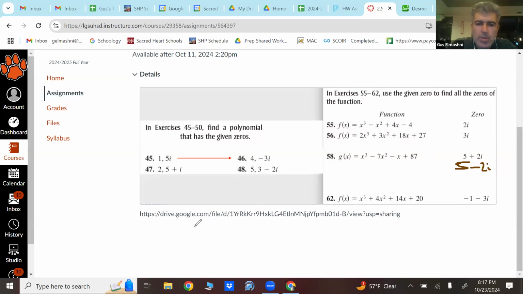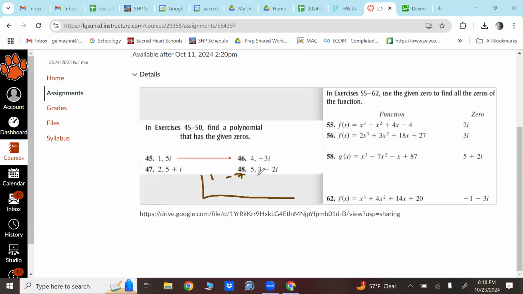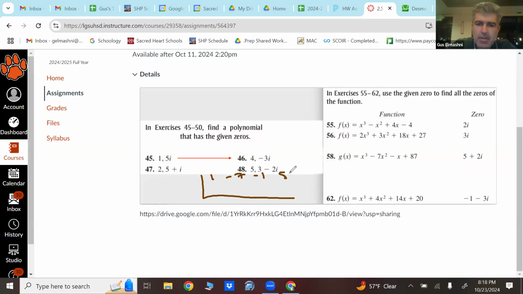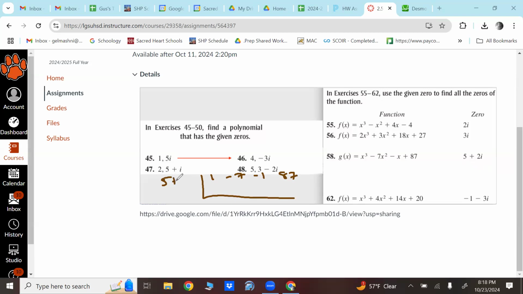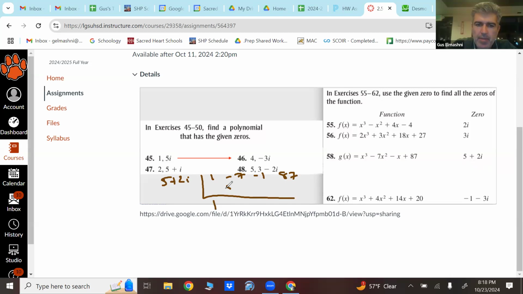I think the best way to handle this one, not very fun, but you could do this: put 5 plus 2i on the outside, bring the 1 down, multiply.